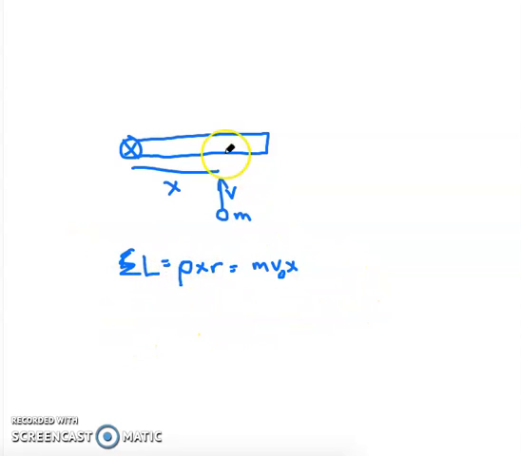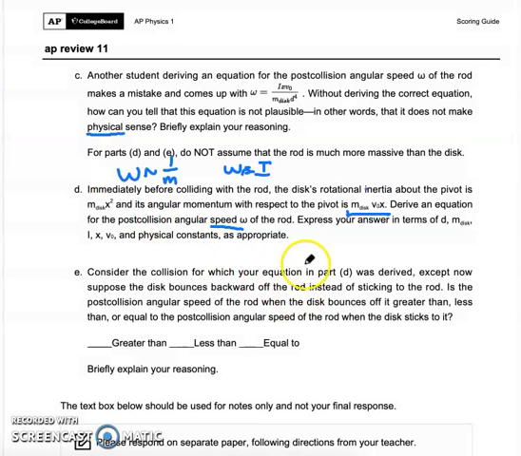And they tell us something about the moment of inertia. The disk's rotational inertia about the pivot point is mx squared, and that comes from the general mr squared. In other words, it's not the rolling disk.